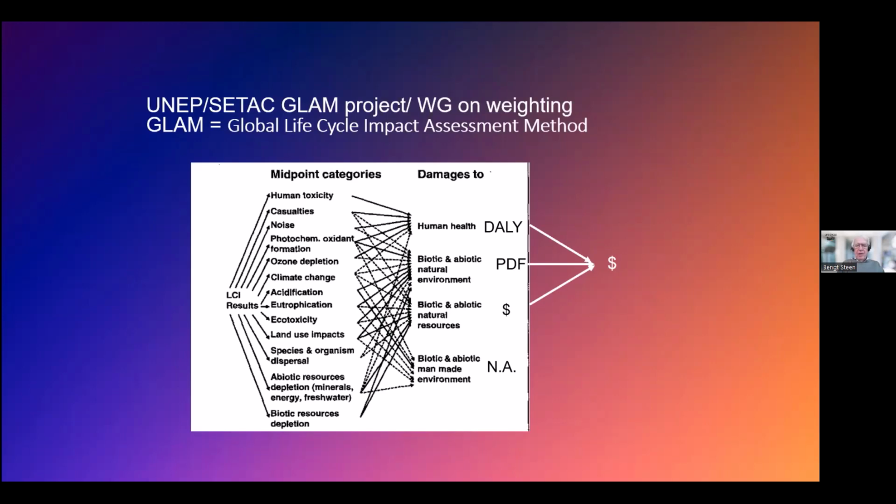The idea in this mainstream LCA approach is that you start with a lot of inventory results on resources and emissions, and then you aggregate them to midpoint category indicators.